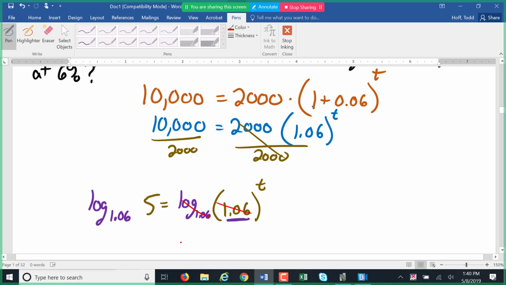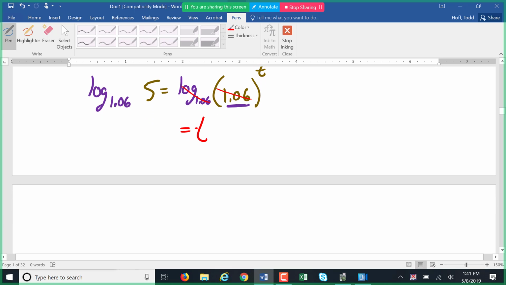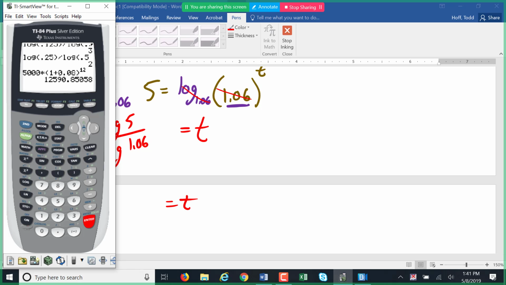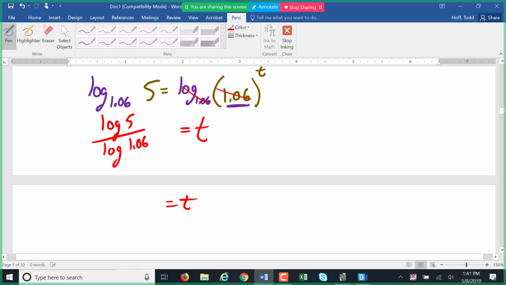So that gives me just t on that right side. On the left side, how do I calculate log base 1.06 of 5? That's log of 5 divided by log of 1.06. Which gives you what? 27.62. You got her. 27.62 years.